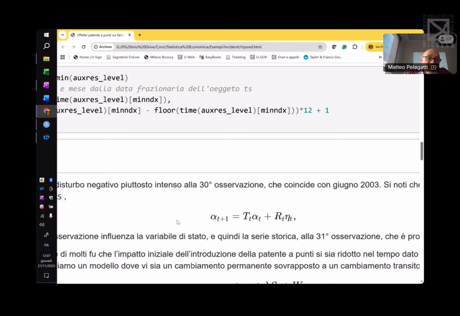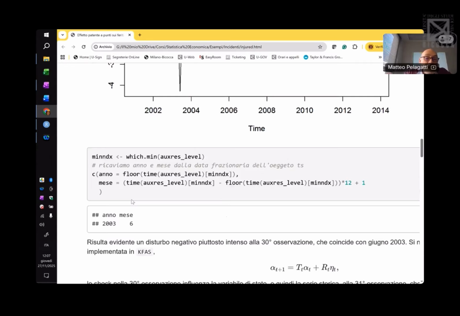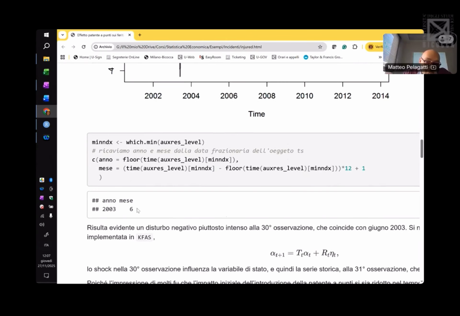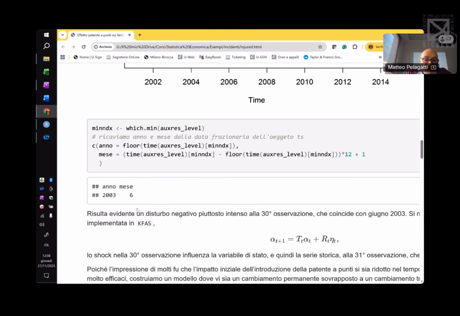So the fact that this happens in June is correct. The new policy entered into work in July, and we see that in June. So it's as expected.